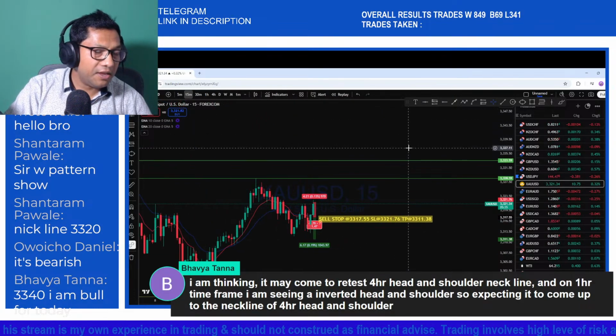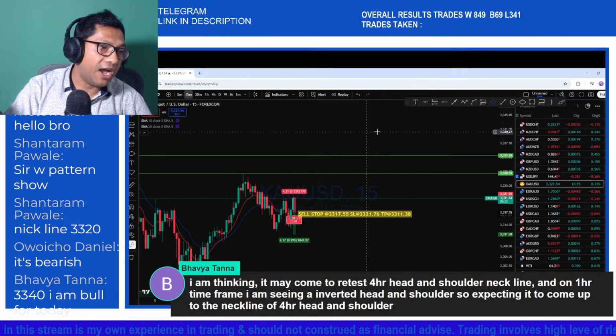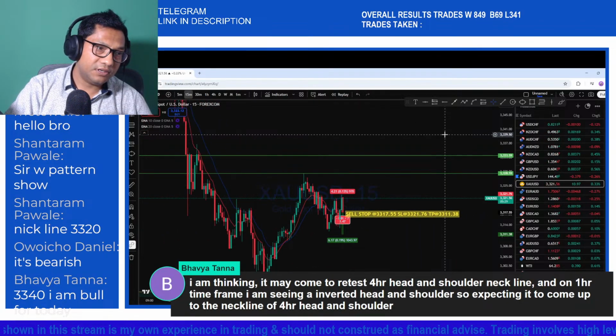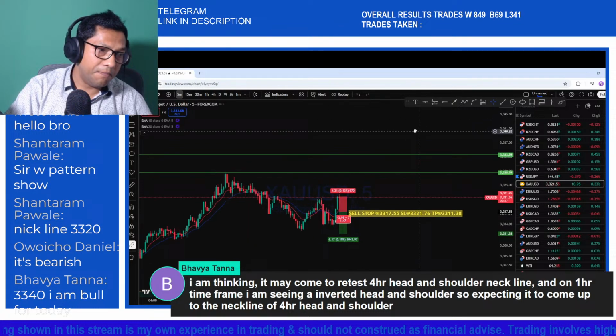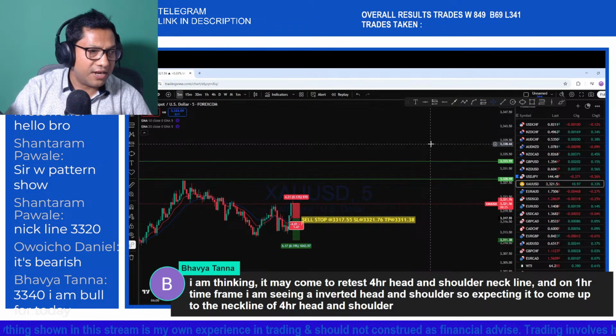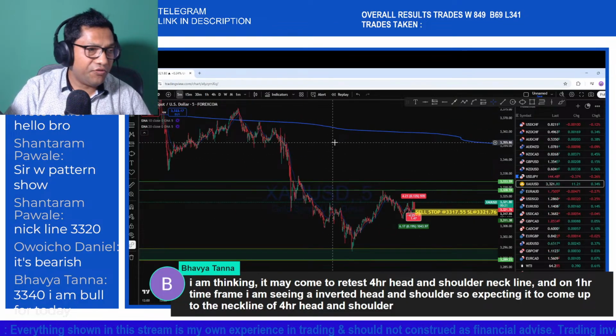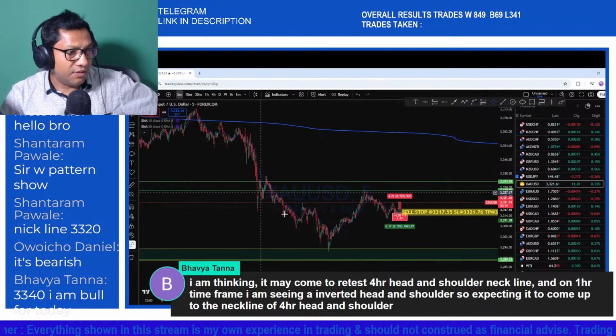It may be possible to go back up that far, but I think the market may not be able to go that much to the upside, because this is the NFP move and there's volume in this move.